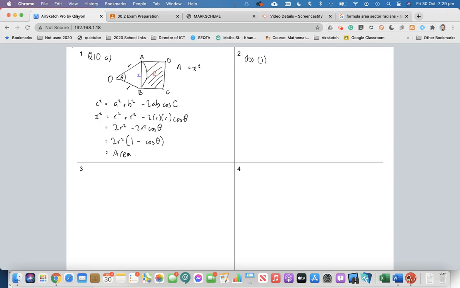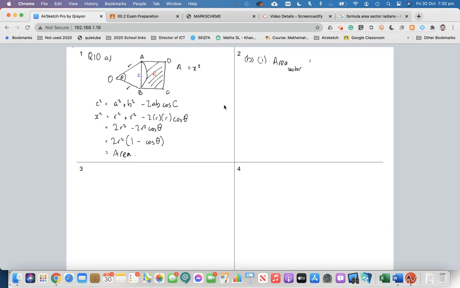Part b(i), which was find the area of the sector. Well, the area of the sector, and I tend to like to use little subscripts there so I can keep track of what I'm doing, is equal to, well, if you look at your formula sheet, you'll find that if the angle at the center is theta, then the area of sector is half r squared theta, as long as theta is in radians.